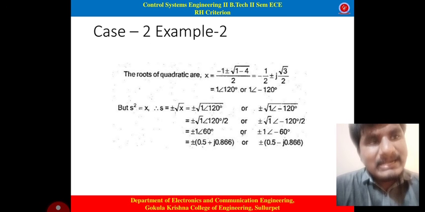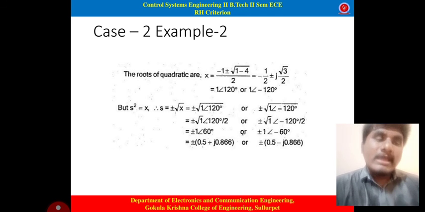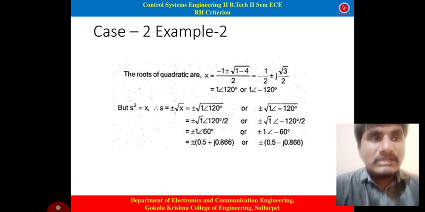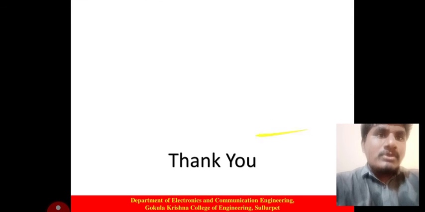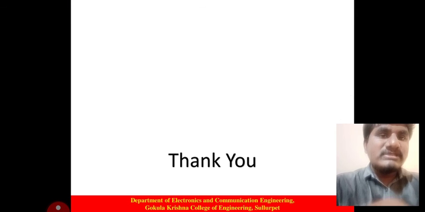We will calculate the solution of the auxiliary equation and see that there are no double poles on the imaginary axis to guarantee stability. As we have seen in the beginning discussion, when there are multiple poles on the imaginary axis, even though they are not on the right side, the system becomes unstable. Okay, thank you for listening to my lecture.